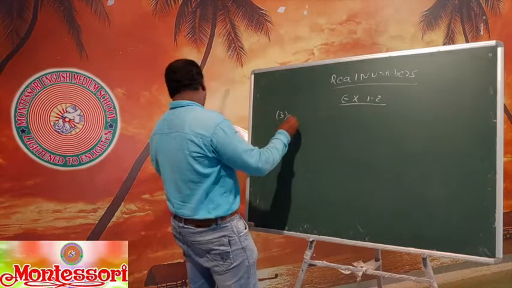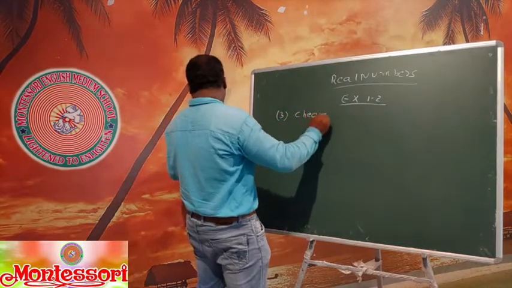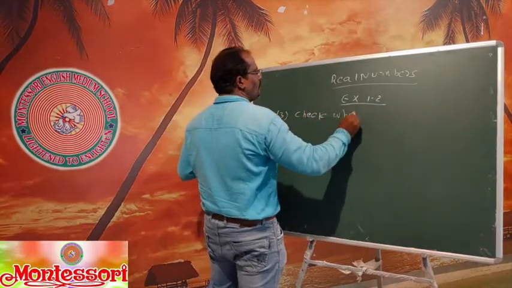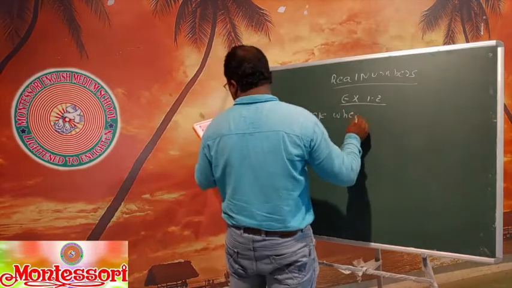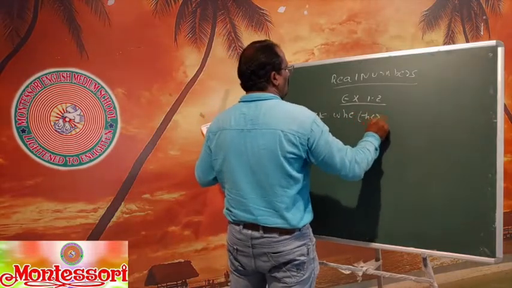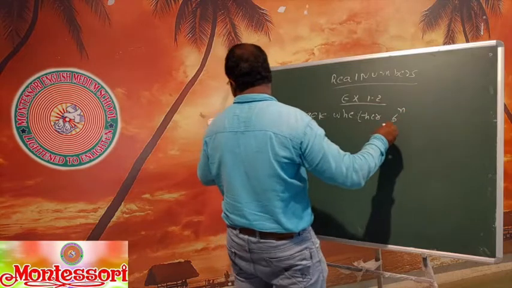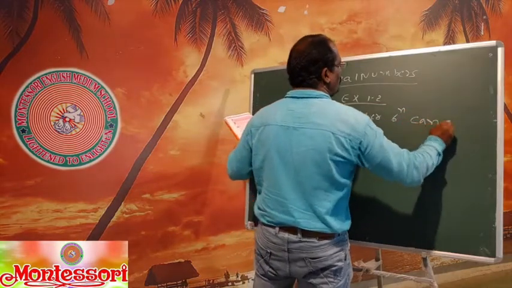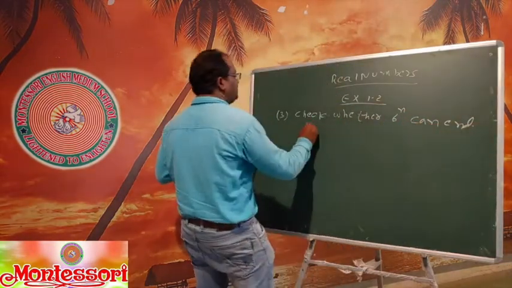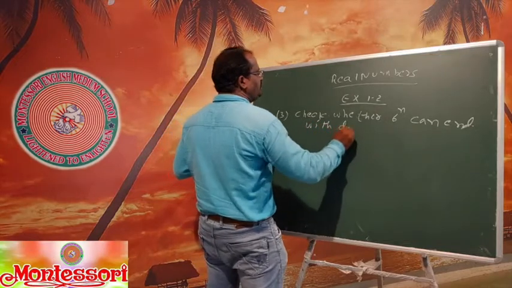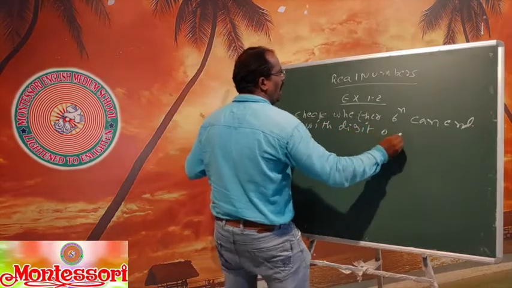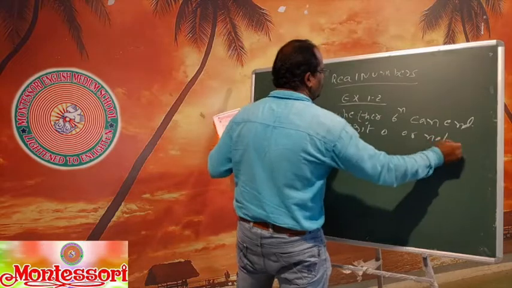Question number 3. Check whether 6 power n can end with digit 0 or not. What is the question given?